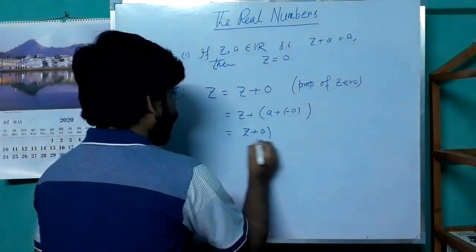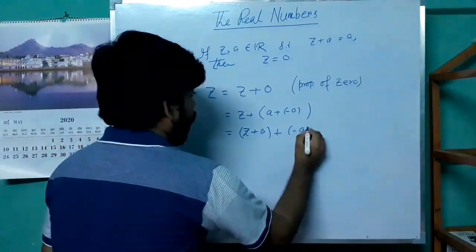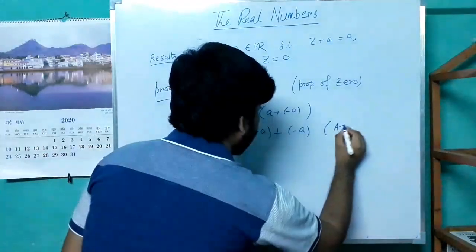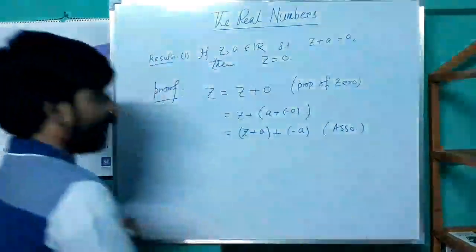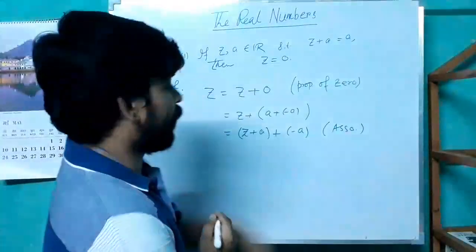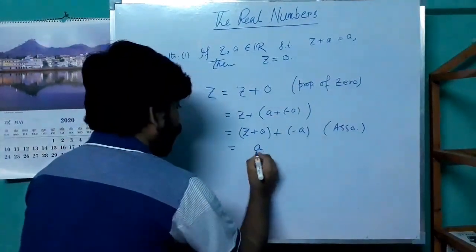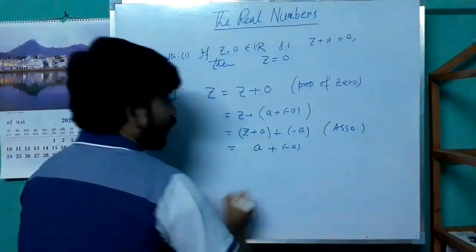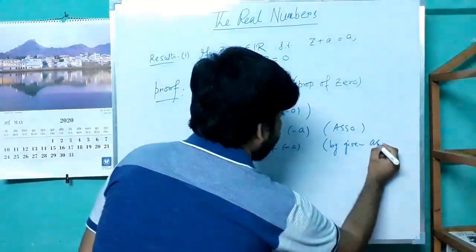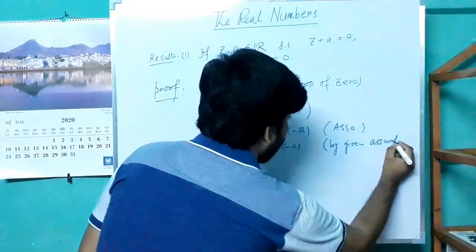So Z plus A plus minus A. This is the associative property. Given that Z plus A equal to A, so A plus minus A, by the given assumption.